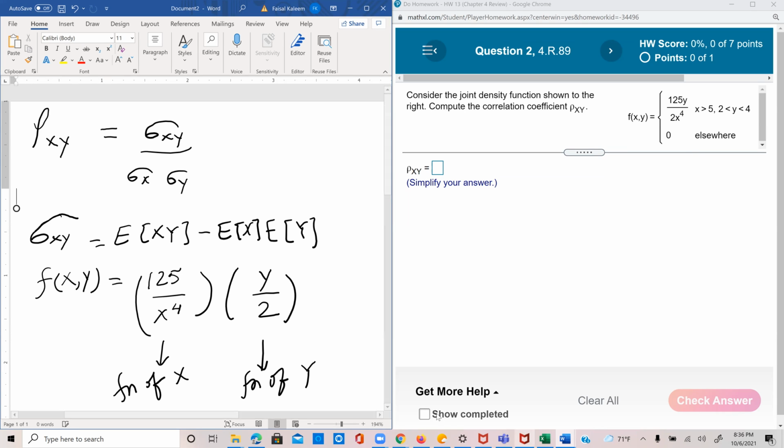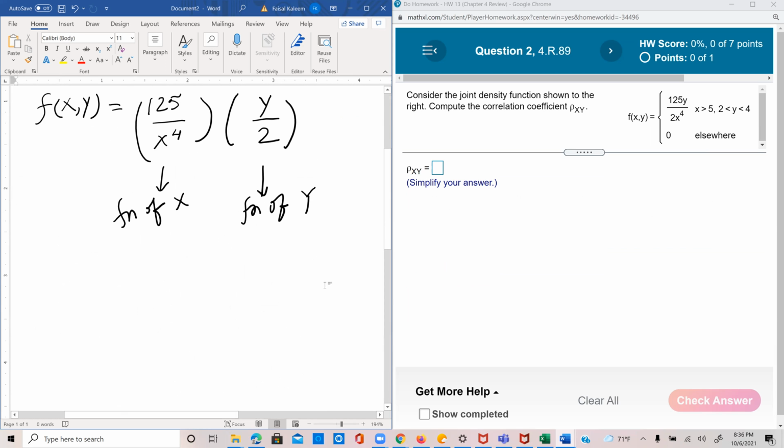So whenever you can separate the joint density function as a product of function of x alone and a function of y alone, then that means that x and y are independent. Therefore, x, y are independent.